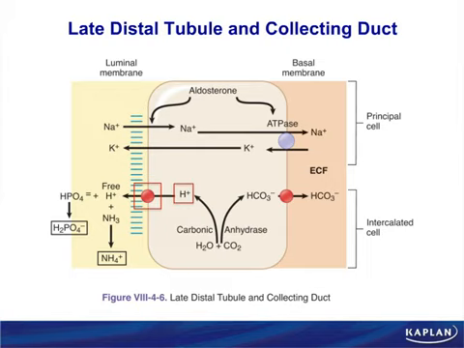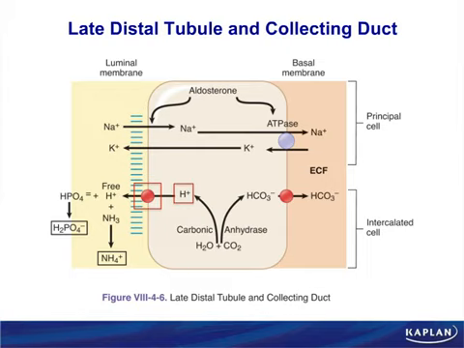So, high aldosterone states can lead to three things. 1. Volume retention. 2. Hypokalemia. 3. Metabolic alkalosis. Because aldosterone will increase reabsorption of sodium and water, giving you volume retention.